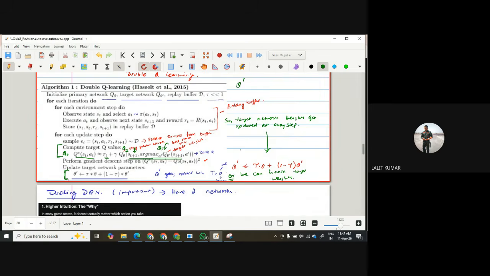Theta prime is equal to tau into theta, which is the present parameters of my neural network, plus 1 minus tau times theta prime. And what is tau, sir? Tau is a hyperparameter. I can select 0.1, how much importance I want to give. So I'm giving less importance, for example 0.1. I'm taking some values from my present neural network and some values from my frozen one, the earlier one.